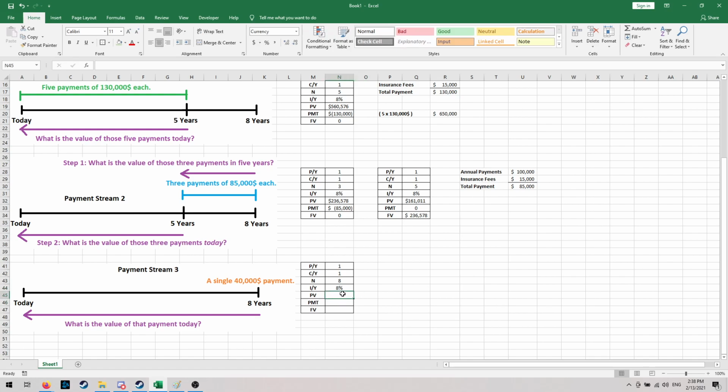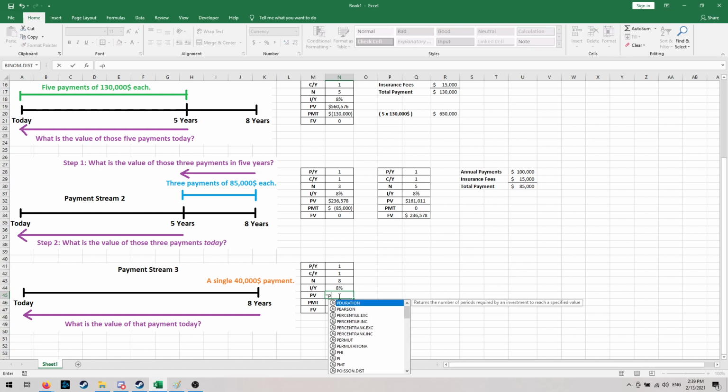We still don't know our present value. That's what we're looking for. Our payment is 0 since we're not making payments on this money. This $40,000 is our future value. And again, remember this needs to be negative, because this is money we're going to pay out to the people we're leasing this equipment from.